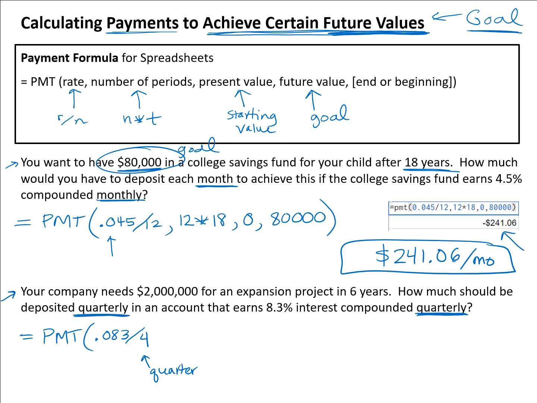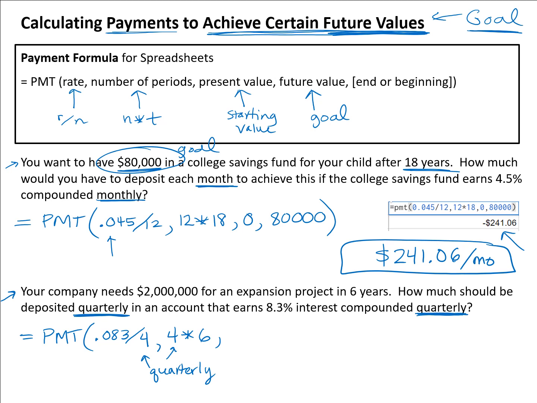Sometimes we get into the habit of just automatically doing 12 because that's more common for an individual person. Now, how often we put money in is going to be on a quarterly basis, so it's going to be 4 times a year for 6 years. So I'm going to say 4 times 6. Technically, that's 24 times.